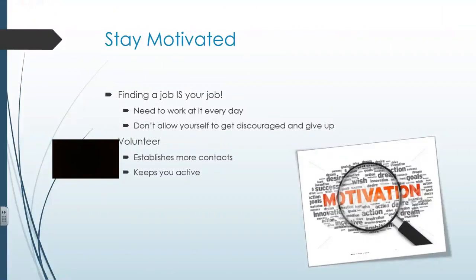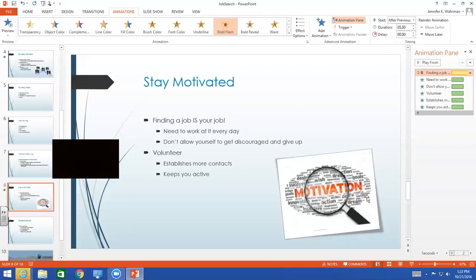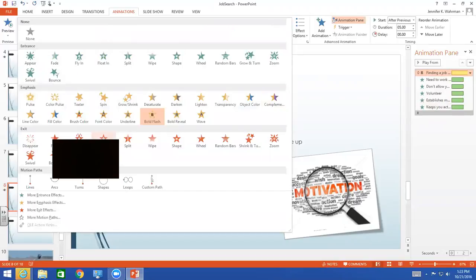Oh, there, I did it. It sure didn't last long. I didn't choose the bold one last time. In my other class, I chose the pulse, and I thought it did pretty good, and the grow shrink's another one that works well. So you just have to kind of experiment with the one that you like.